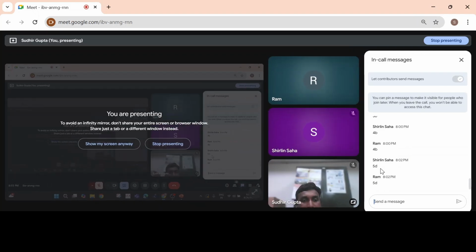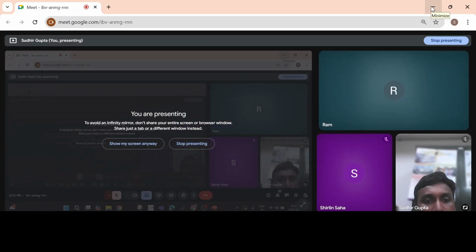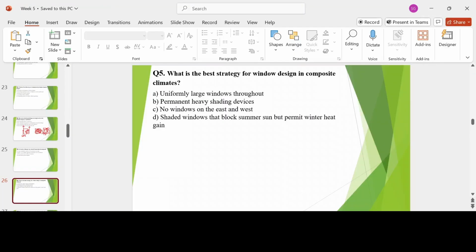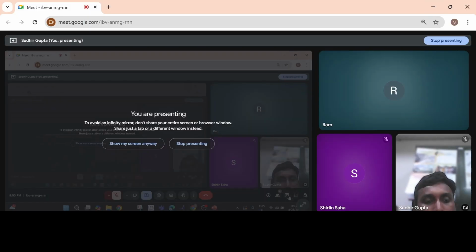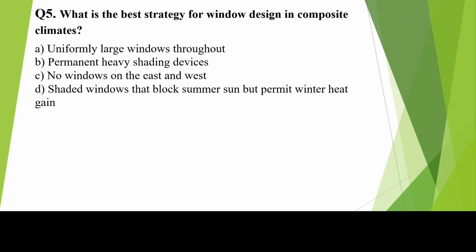Yeah, I can see many answers I have received. So it's D. D has been marked by many of you. Option D says a shaded window that blocks summer sun. Yeah, because in composite climate conditions, the days will be hotter, so you have to block the summer sun, and at the same time in the winter it will be colder also, so you have to permit or enhance the winter heat gain.